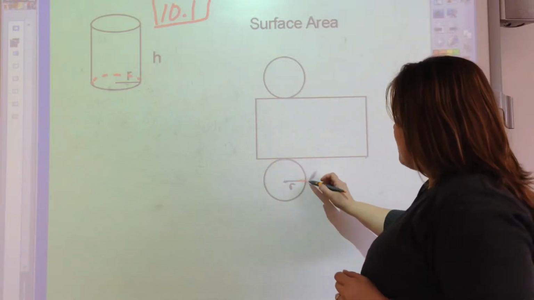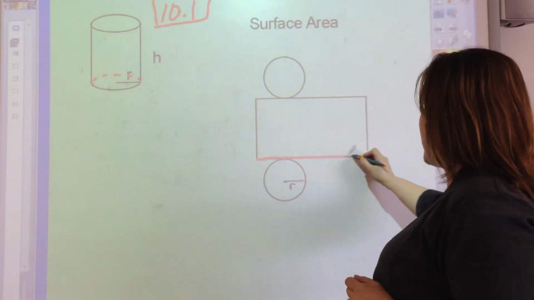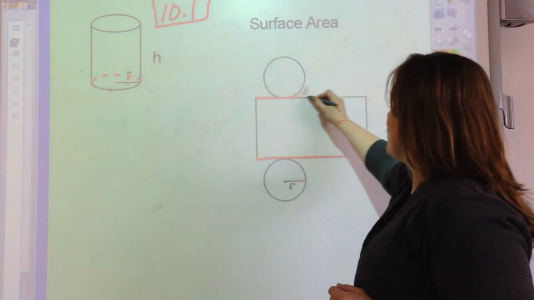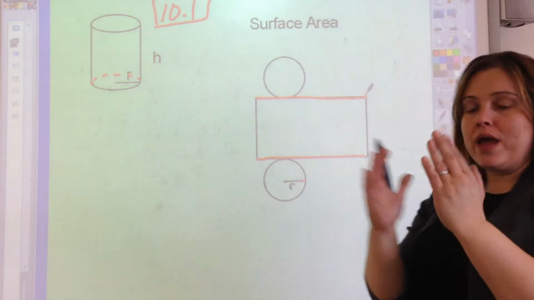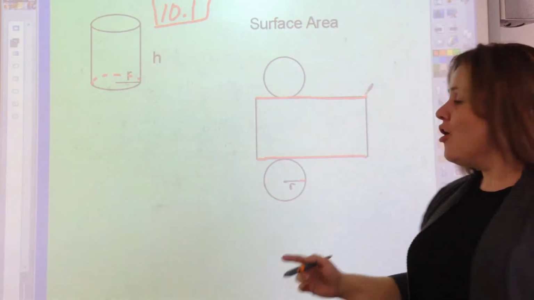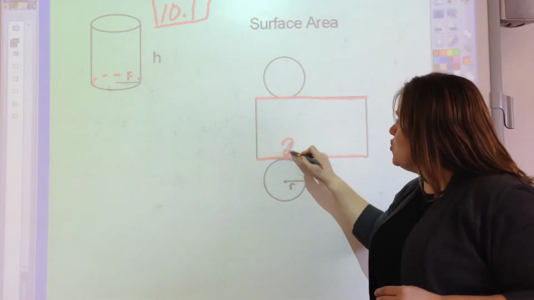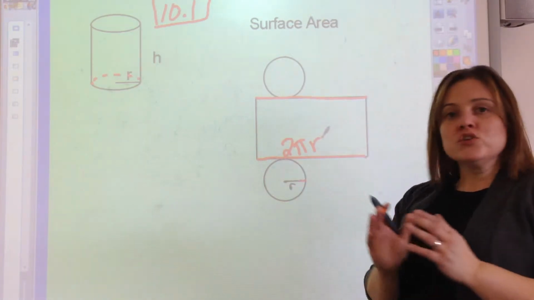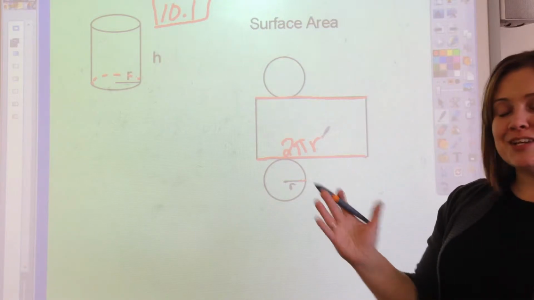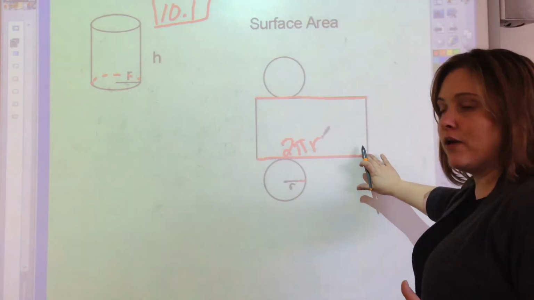Right here, if I unfolded this circle, this whole length has to wrap all the way around the circle that it's touching, right? And so how would I find out how far that is? Hopefully you'll agree with me that the distance around a circle is 2 pi r. So if that's the circumference of my circle, that has to be the length of this rectangle.